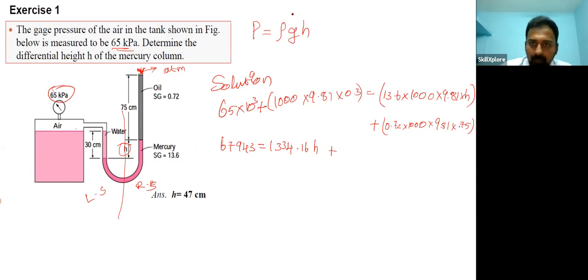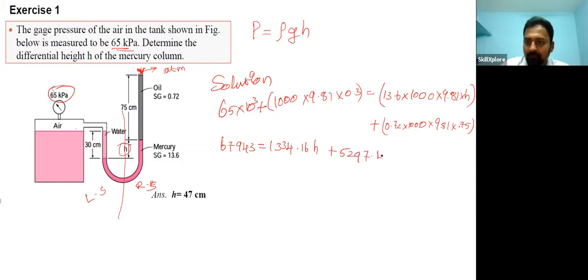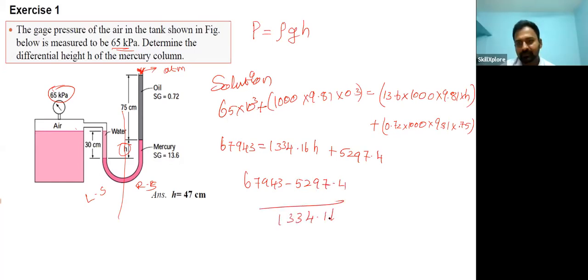If you solve this, you will get the value. If you want to get the value of h, then 67943 minus 5297.4, divided by 13346, equals h.